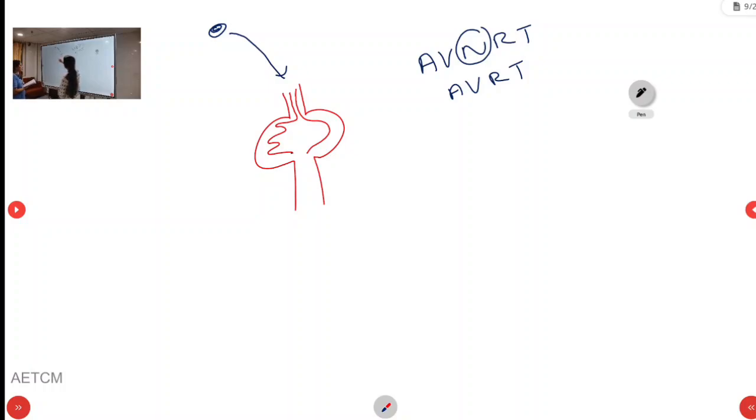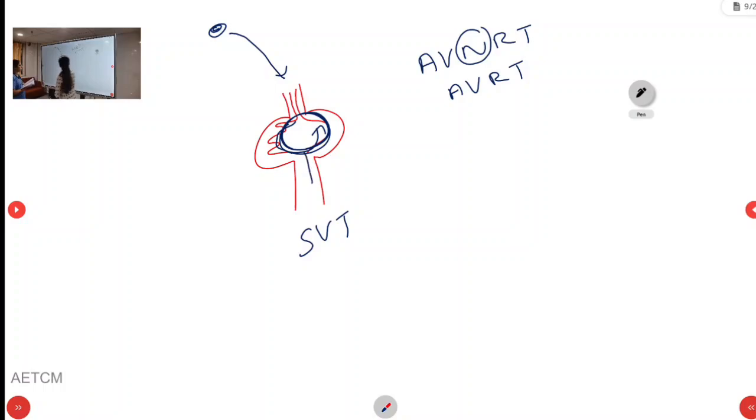So suppose electrical activity is coming through the fast pathway and conducted, and usually what will happen is there will be a re-entrance from the slow pathway to the fast pathway. This will cause a re-entry phenomenon and that will cause SVT for the patient. That is why it is called supraventricular tachycardia, and it is happening above the ventricles.